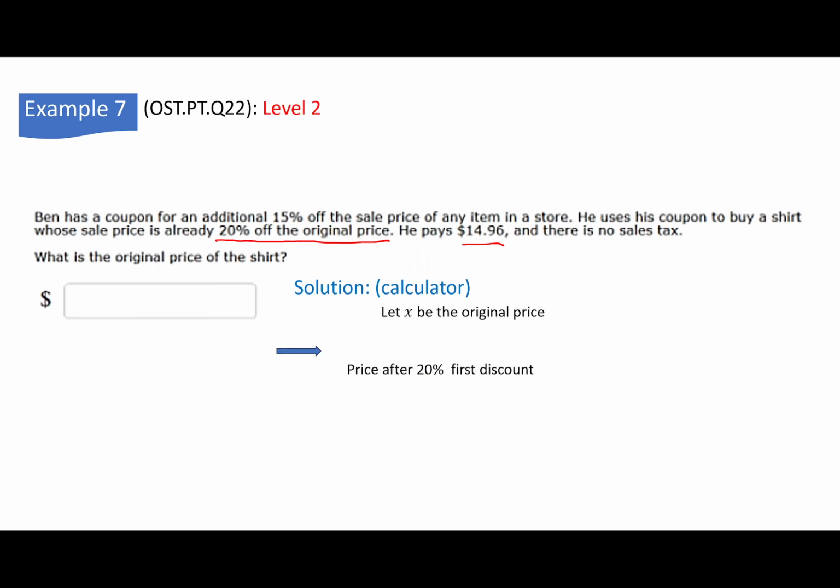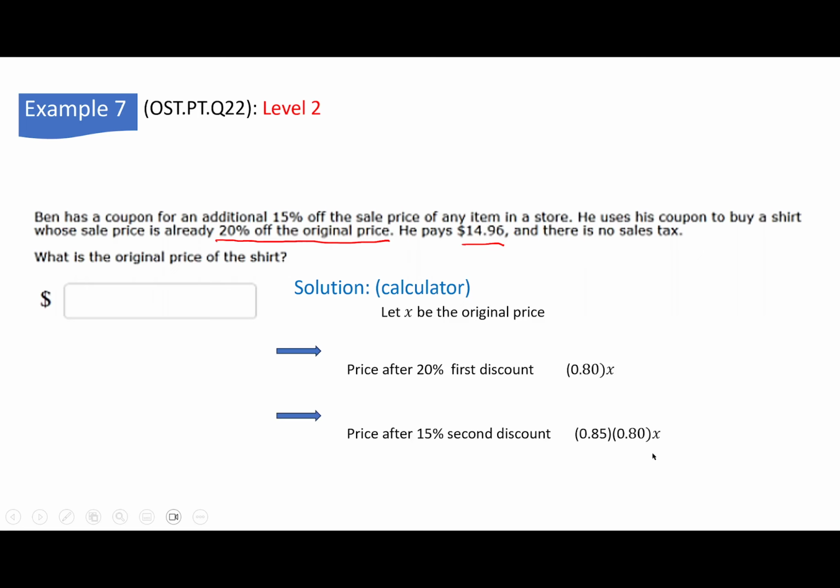So, price after 20% off is what? 0.80x. Okay, we subtracted 1 minus 0.20. So we get 0.80x. Now, another discount, 15%.